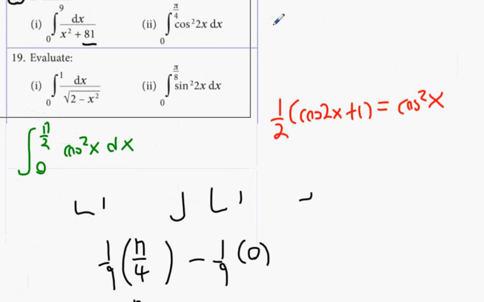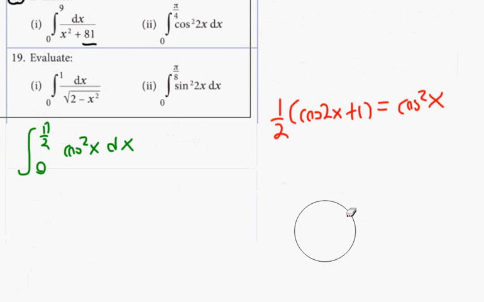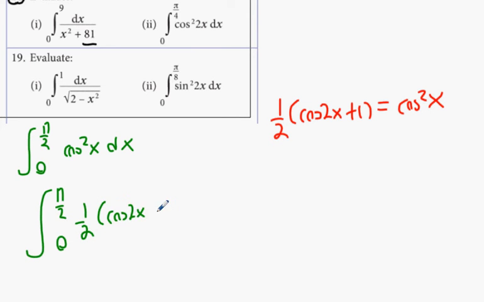So we're going to change it into the integral from 0 to pi over 2 of a half bracket cos 2x plus 1 dx. We cool with that? Then bring the half to the outside. Let's try that again. Okay, makes no sense. Now, just scribble that out and put it out here.